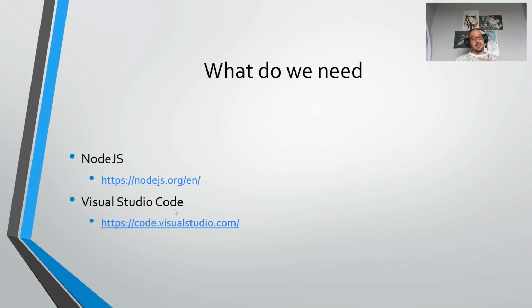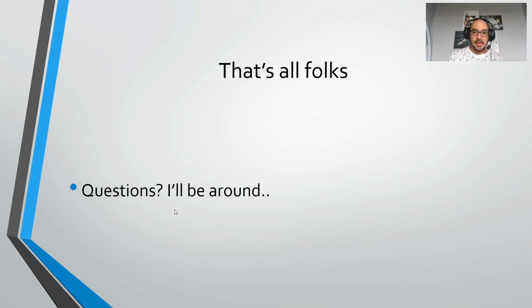So you can use any editor that you like, any IDE that you like. If you want to use Notepad++, that's up to you. You probably are familiar with Brackets as well, but my personal favorite is Visual Studio Code. So you can download Visual Studio Code and Node.js, and we'll be ready to go. So go for it, download it, and I'll see you in the next video.